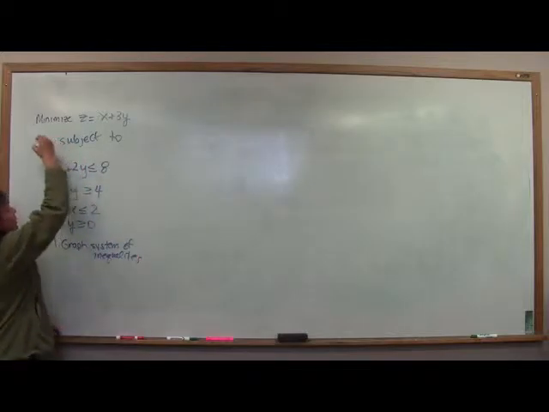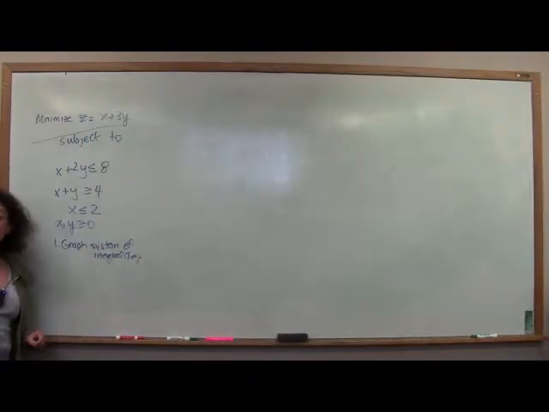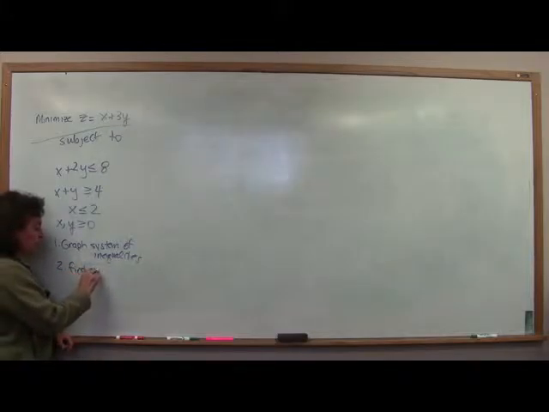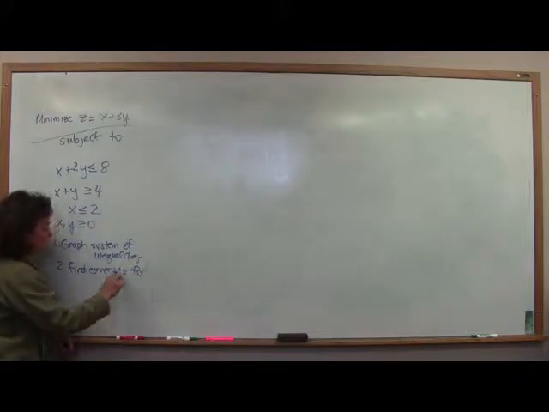You ignore this until the very end. Okay? After you graph the system of inequalities, the next thing you do is you find your corner points for the feasible region.